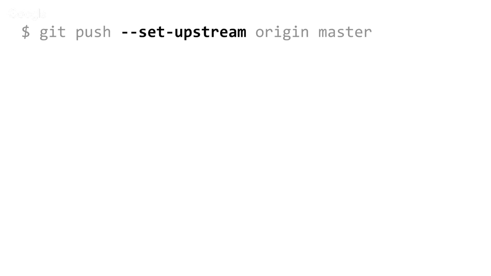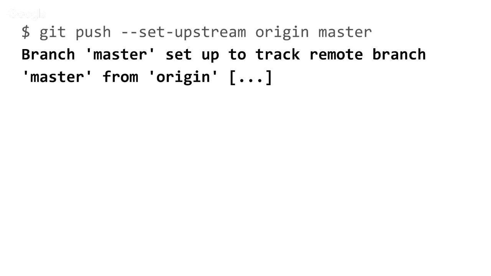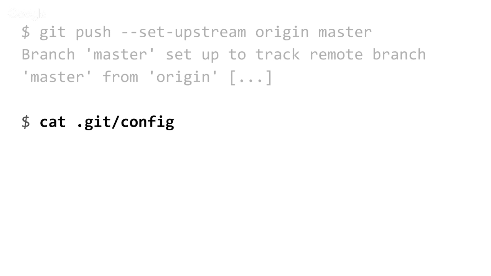Otherwise, we would have to specify it every time. It just confirms that our local master branch is set up to track the remote branch. Yeah, we use this term track to refer to that feature.